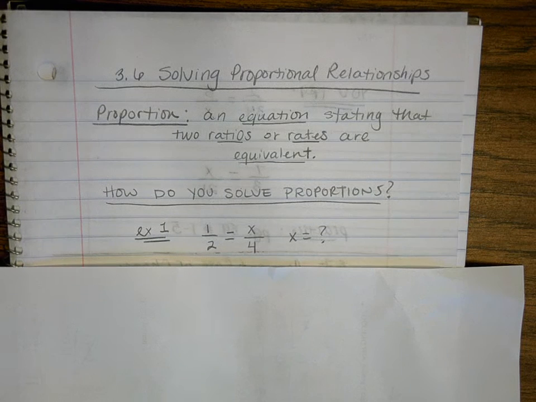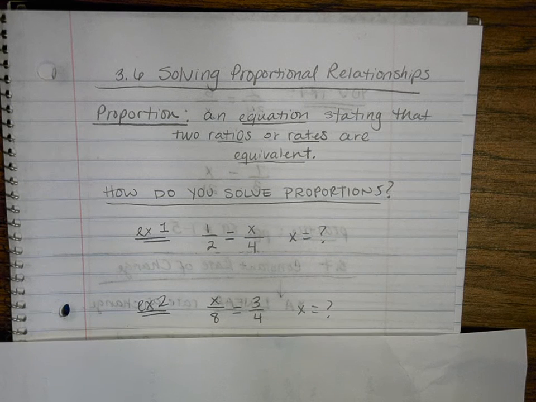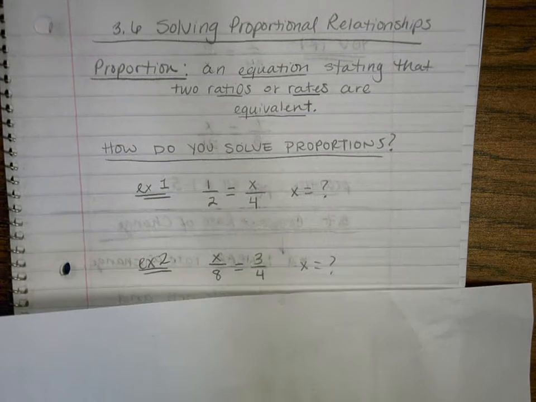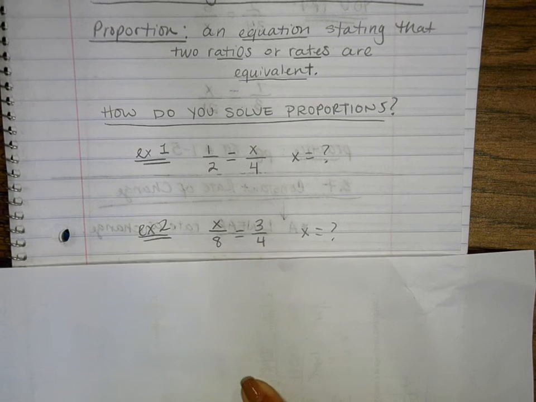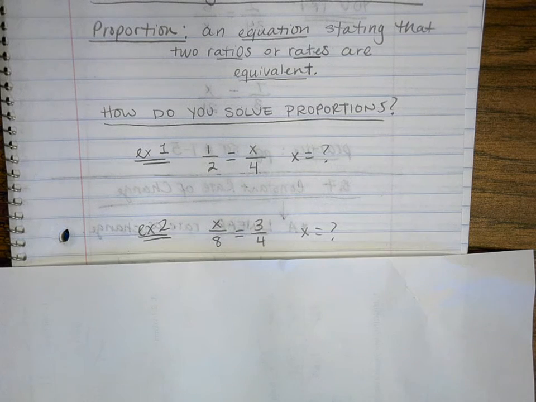Okay, let's look at another one. X over 8 equals 3 over 4. Raise your hand when you think you know what x is.